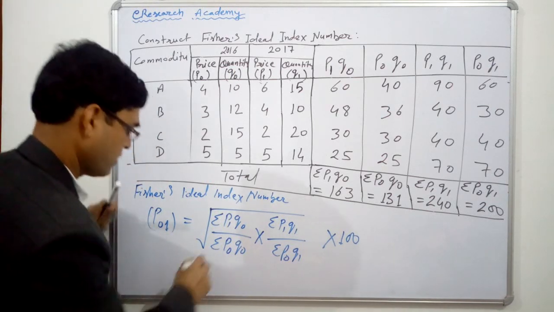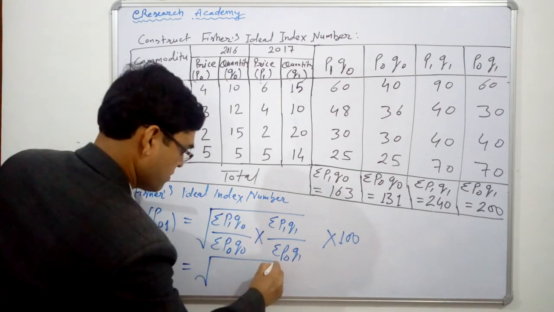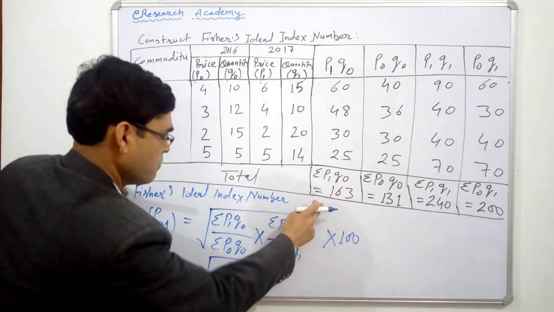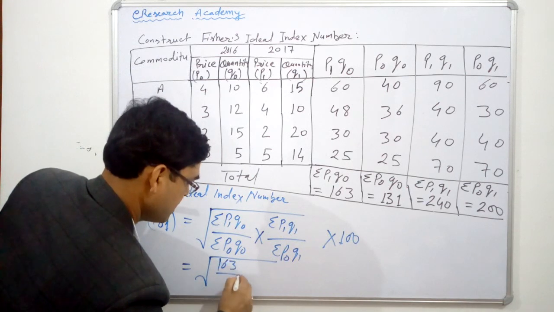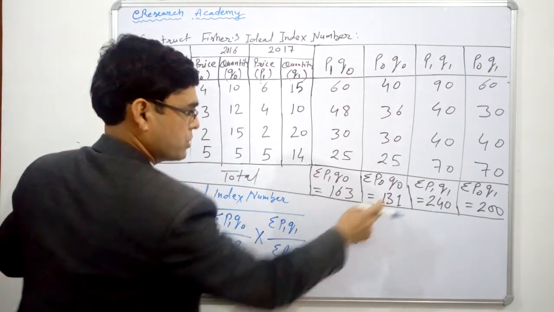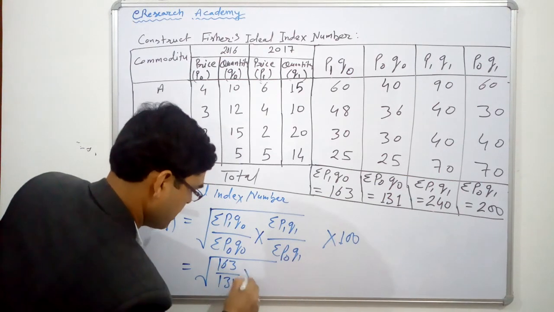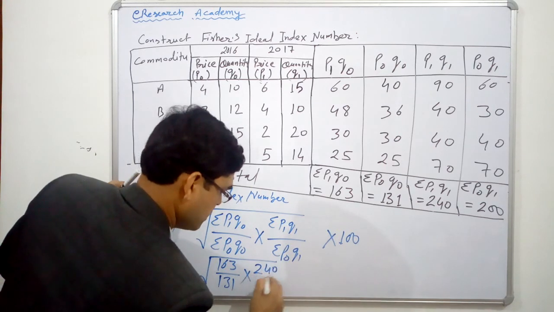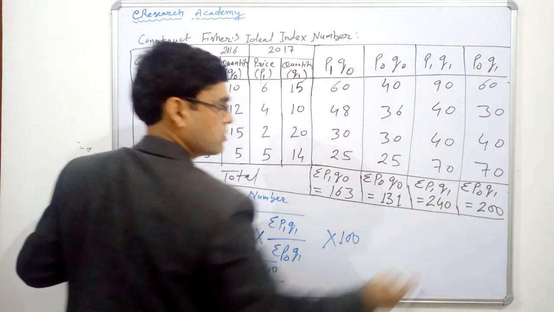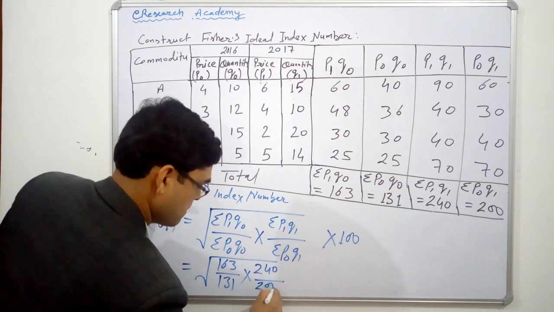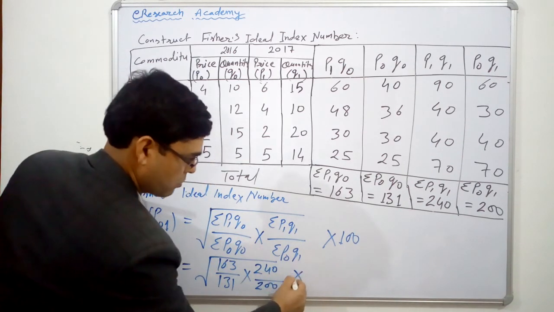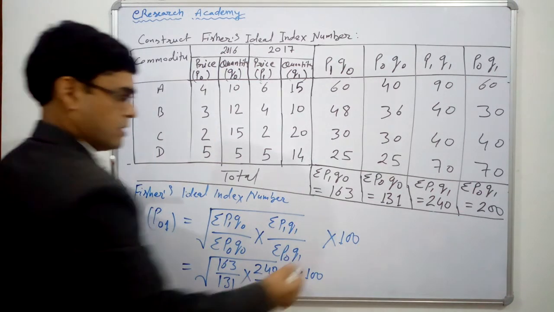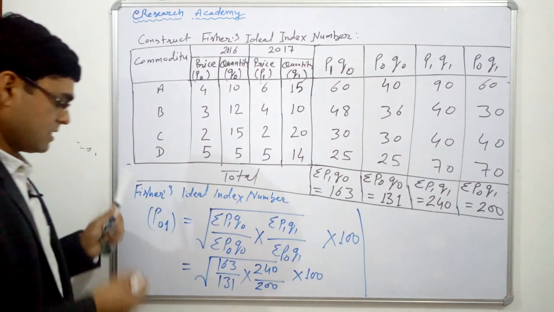Equal to the square root of sigma P1 Q0, which is 163, upon P0 Q0, which is 131, into P1 Q1, which is 240, upon P0 Q1, which is 200, into 100 outside of the square root.